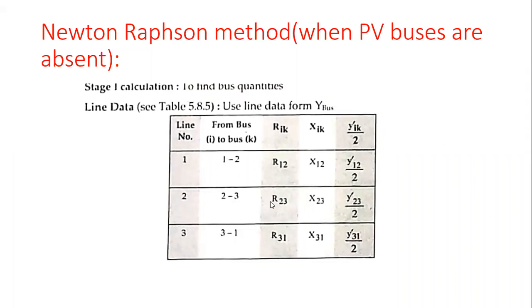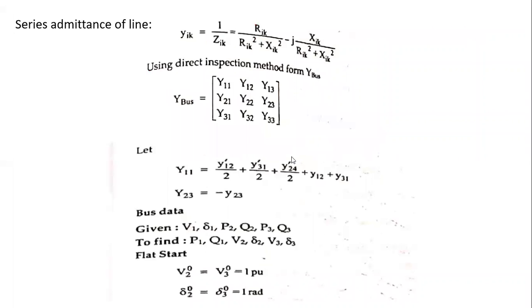These are the bus quantities and the line data. We have three buses: 1, 2, 3. From I to K: 1 to 2, 2 to 3, 3 to 1. R_IK, X_IK, Y dash IK by 2. Next, the series admittance of the line is the same as in the Gauss-Seidel method formula.